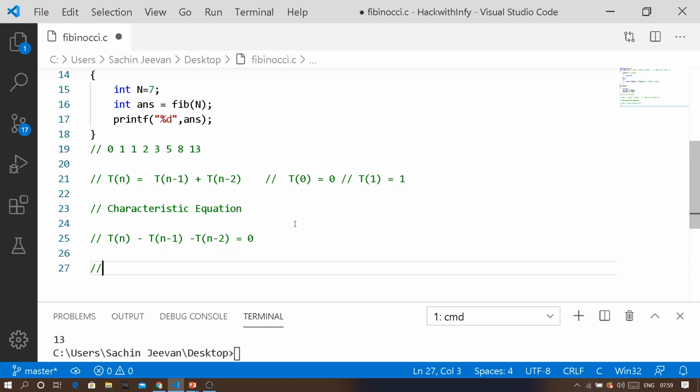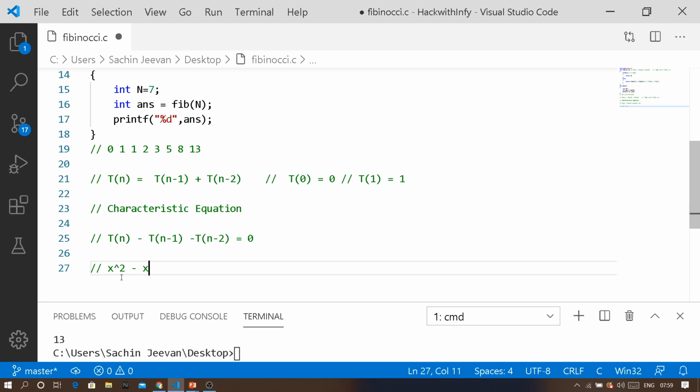Okay, how to convert this into a characteristic equation? Already we have said that the first term has to be taken as x squared. T of n is not preceded by anything, no constant is preceding T of n, so no coefficient we are taking. Similarly, here also no coefficient, so we are going to simply take it as minus x.